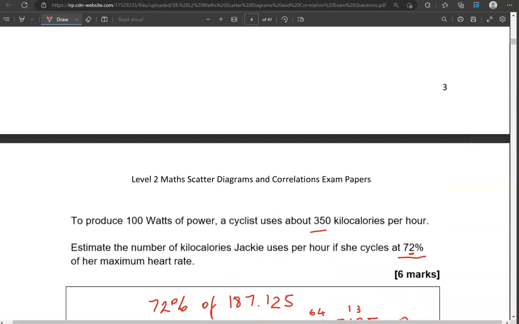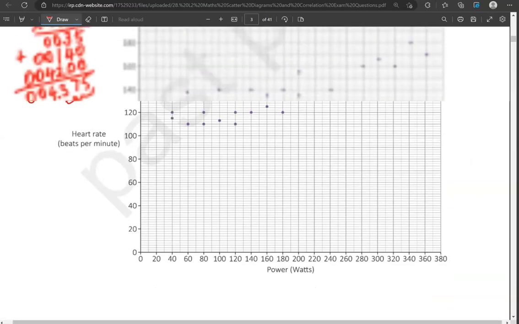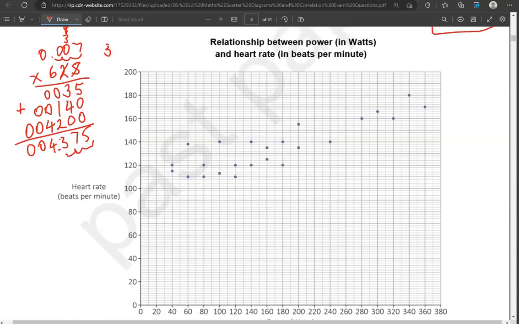So 135 is about here, but first we need to draw a line of best fit. So a line that goes roughly through the points. So you create equal distance from the line and the points on both sides.